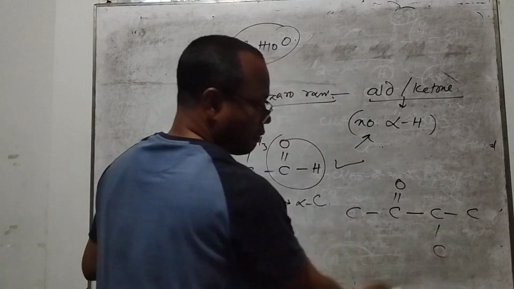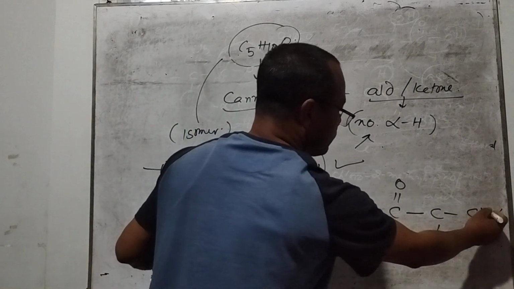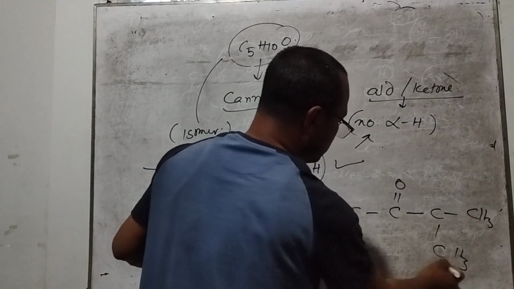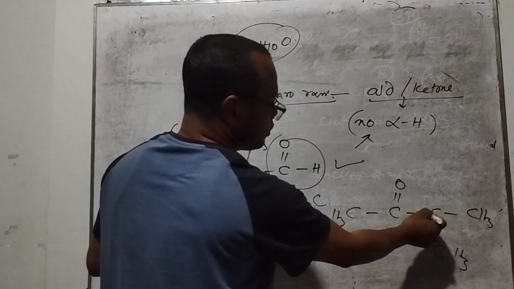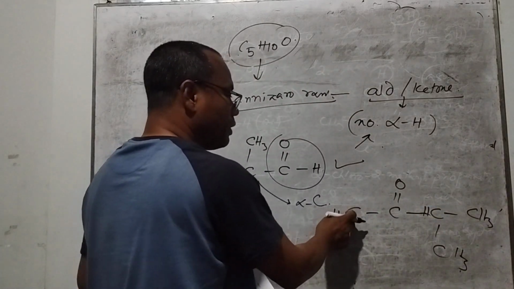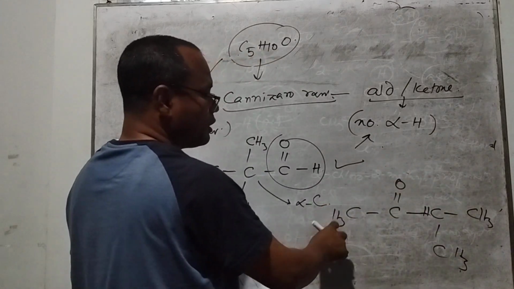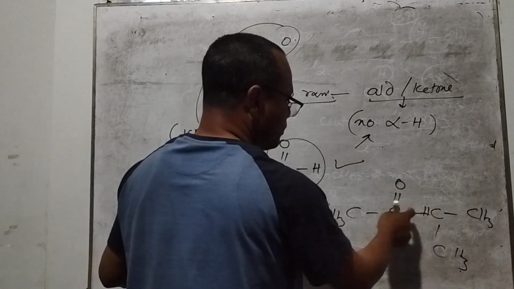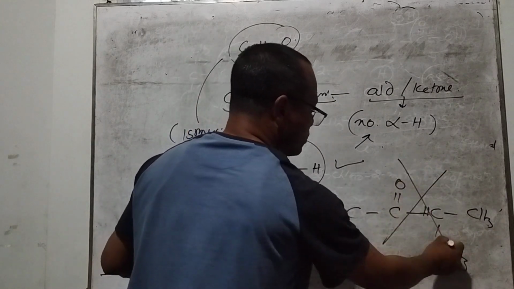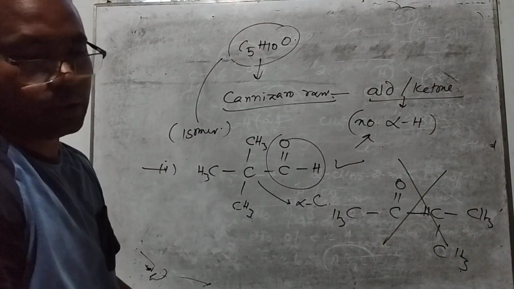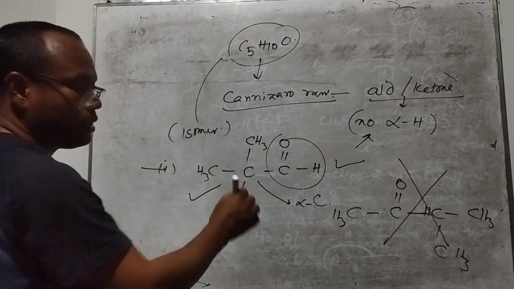Let me write one more carbon here. So when we fill up the hydrogens, it should be 3. Here it should be 3. So here it should be 1. See, this is the alpha carbon. This is the alpha carbon. If you write a ketone, that ketone would have alpha hydrogen. So that isomer is not possible for the Cannizzaro reaction. So our answer is this one.